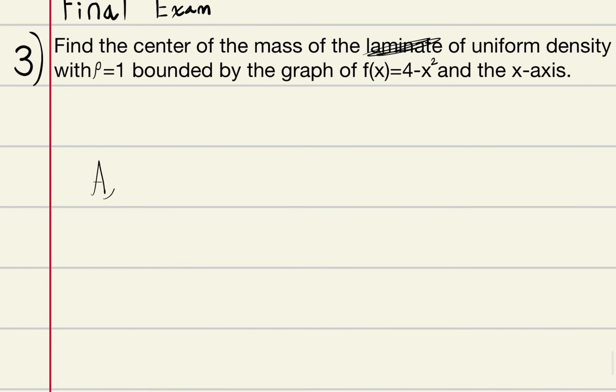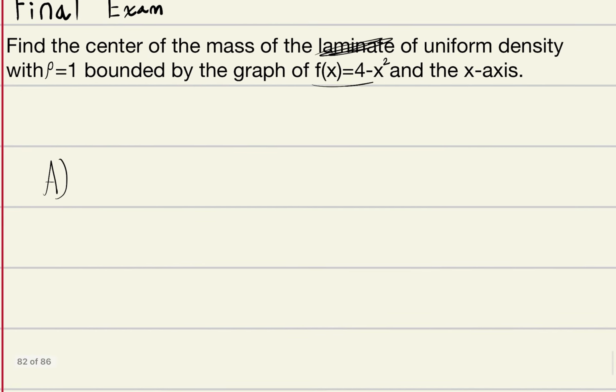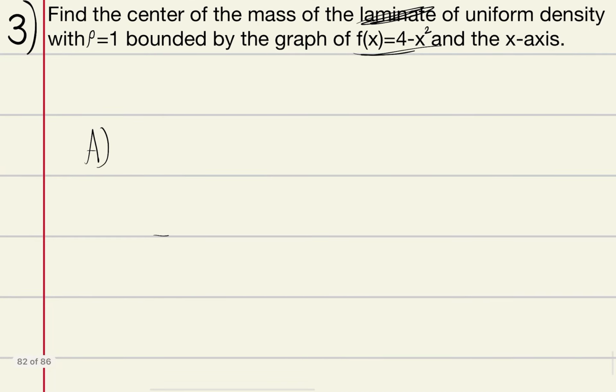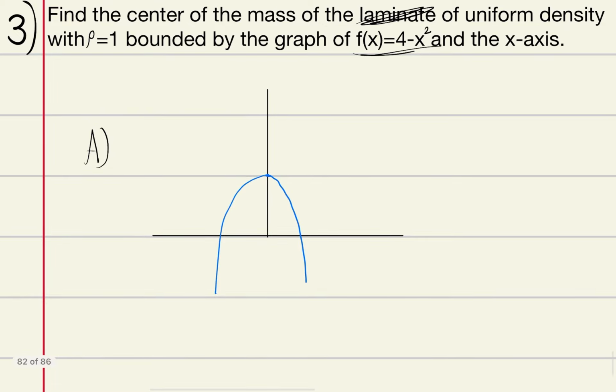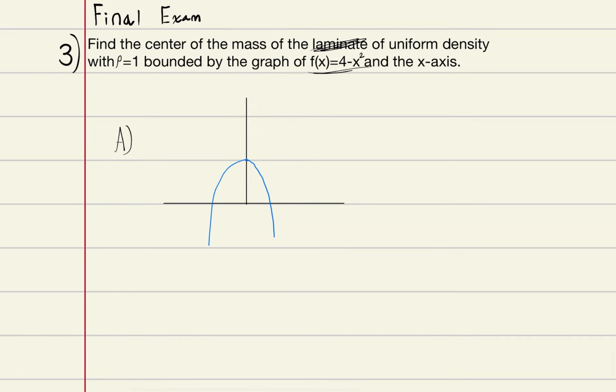First, we can graph our f of x, and that's just a downwards facing parabola because of the negative symbol. And since there's a positive 4, we'll start at 4, and it's just downwards. So we want to find the center of mass of this graph.